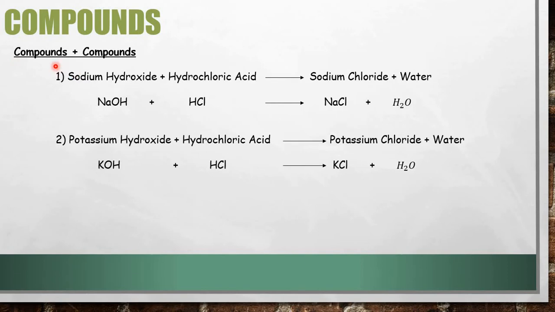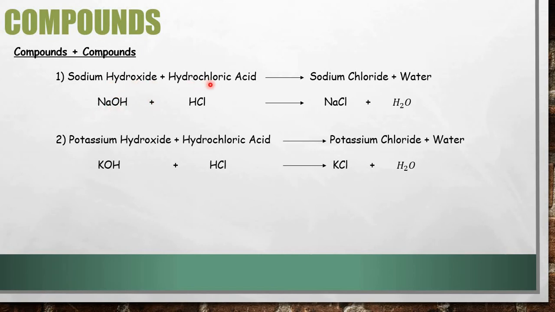For this one, it is compound plus compound. This is a compound, this is a compound. Sodium hydroxide, sodium is Na. You can find this symbol from the periodic table. Sodium is Na, the symbol. Hydroxide, the symbol is OH.